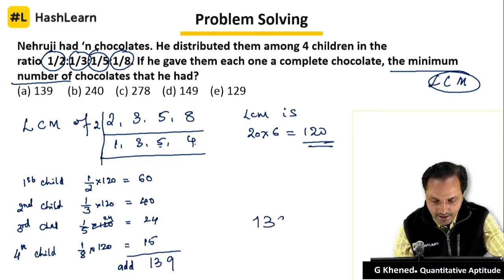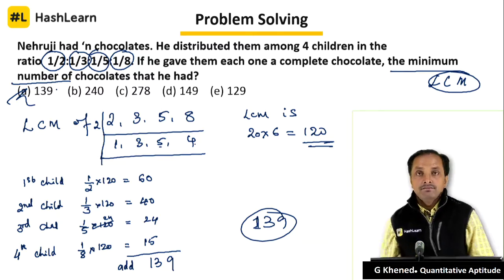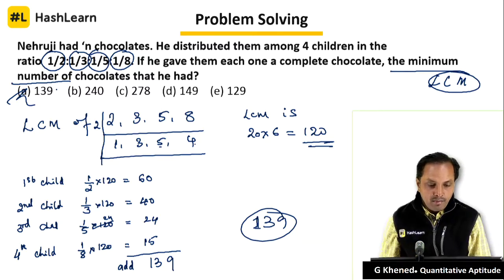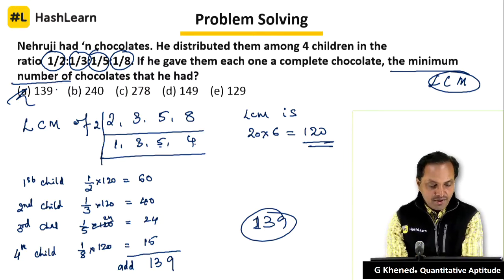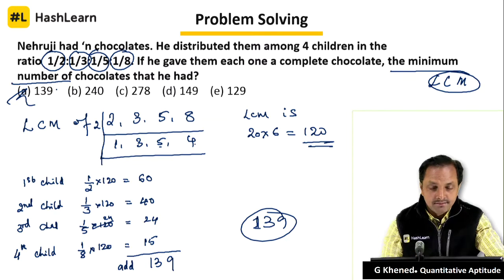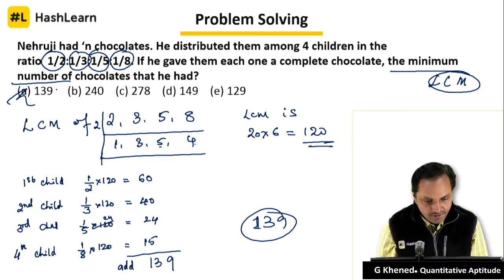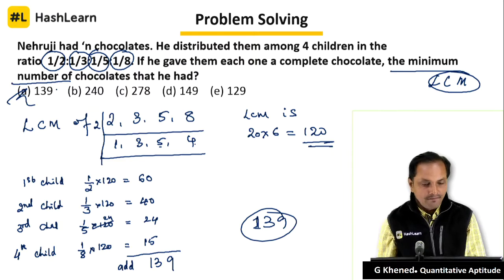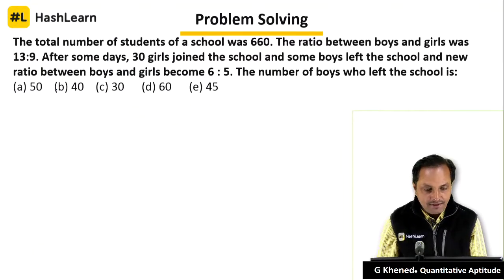So 139 is in the option A. The minimum number of chocolates that he had is 139, which is option A. Is that okay? Any confusion? Fine. Let us go to the next example.